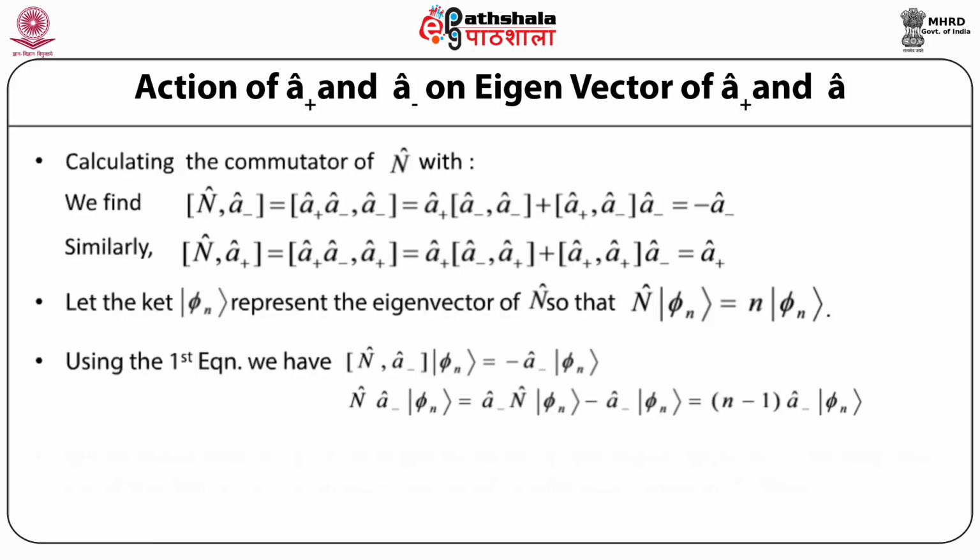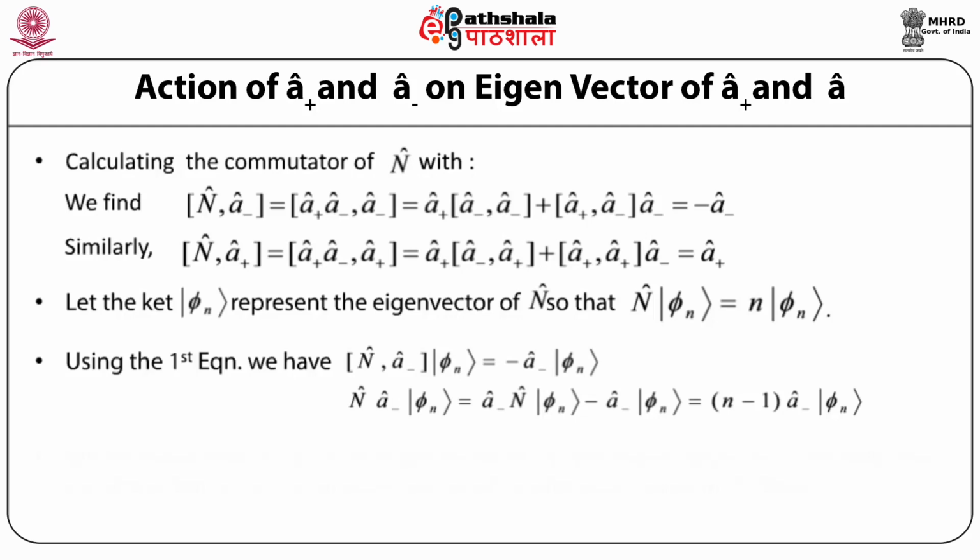Now, let the ket vector phi n represent the eigenvector of the number operator, so that the number operator acting on the ket vector phi n gives us n times the ket vector phi n.